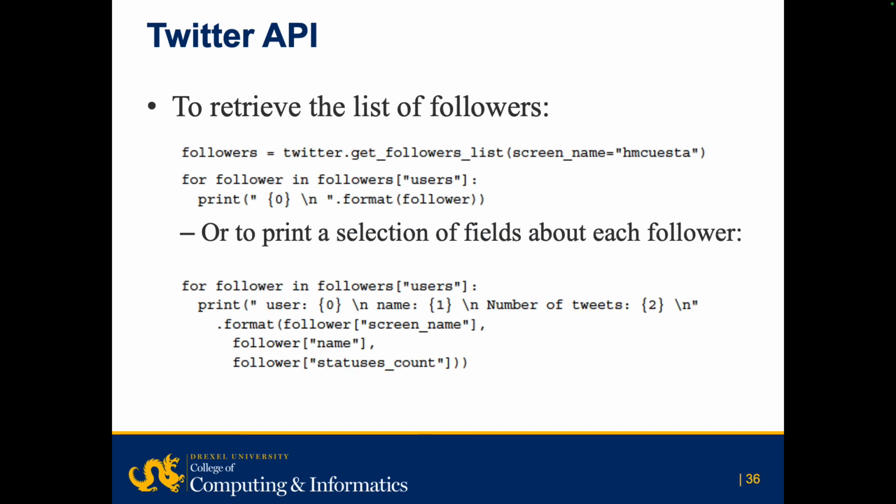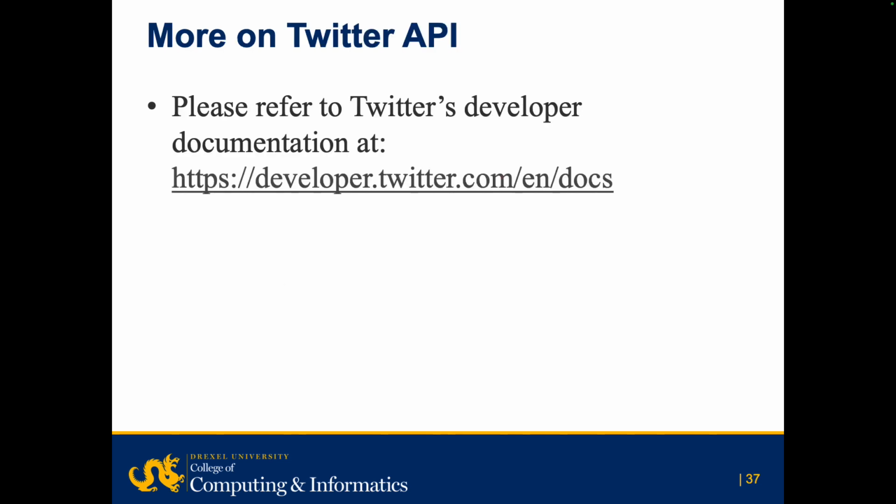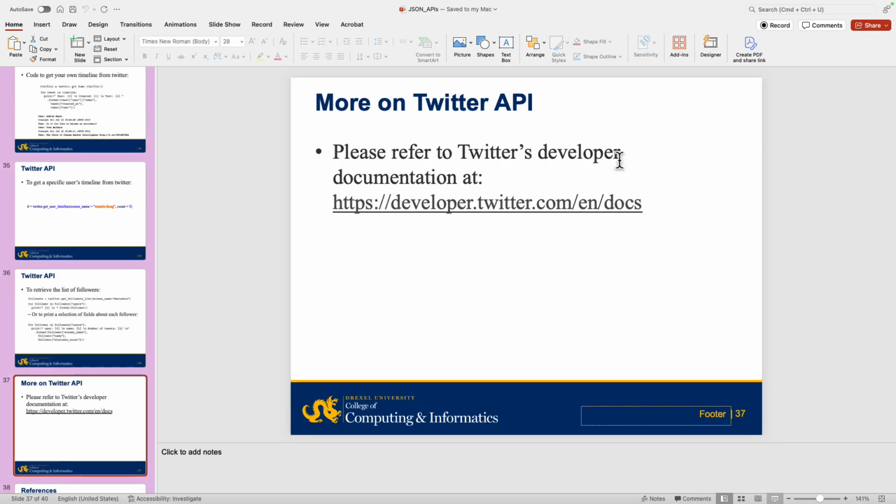At the protocol level, you can always use JSON and parse it to access the data that you want and integrate the APIs. But some APIs are better packaged for that language, and you can take advantage of that as well. So that was just a quick look at the Twitter API.